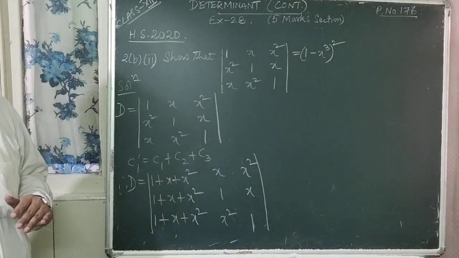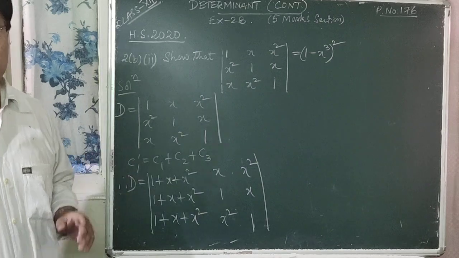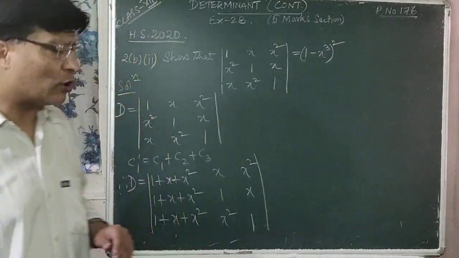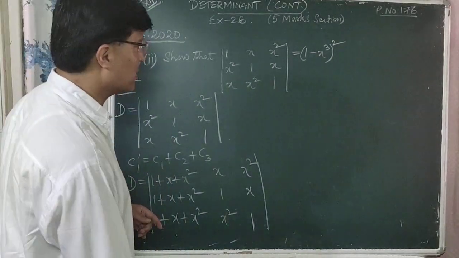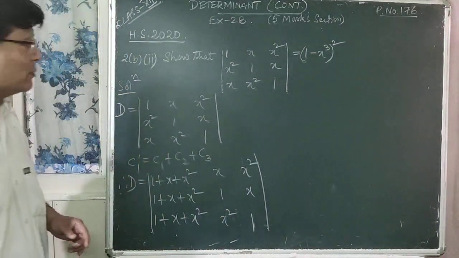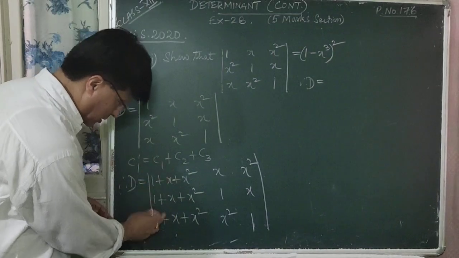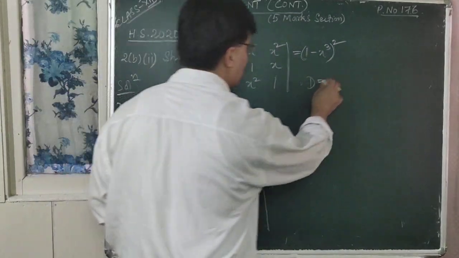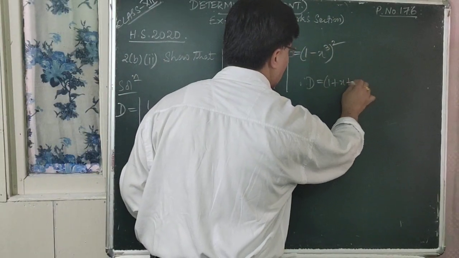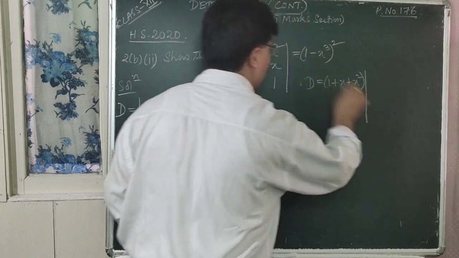And so now what will you do in the next step? You can take common here. So what is that common? 1 plus x square. So you can take it outside the determinant. Okay, so d is equal to, this is the common that you can take outside, 1 plus x square, right?